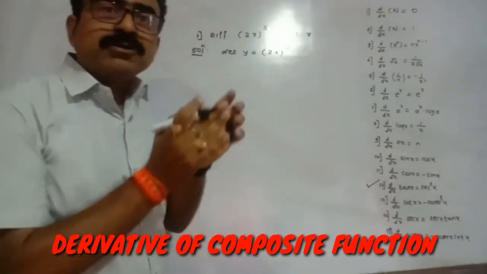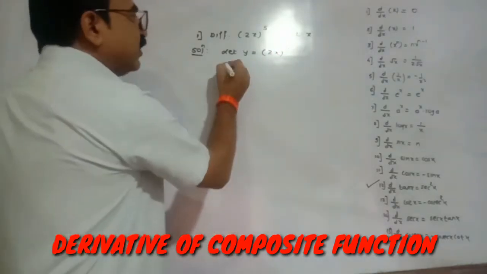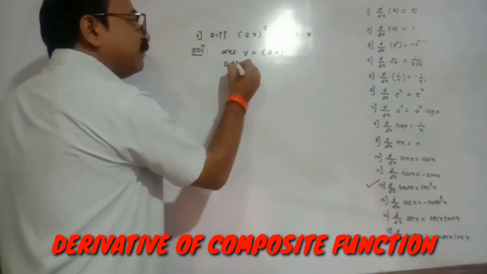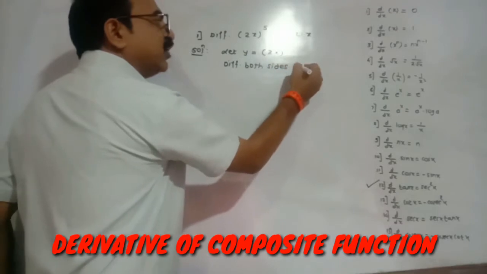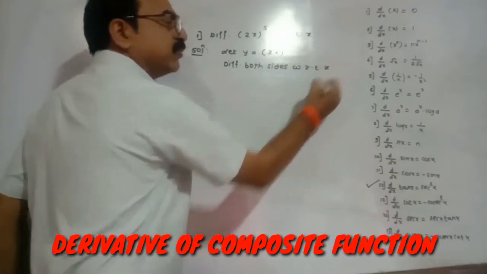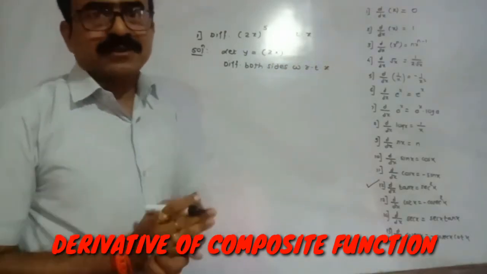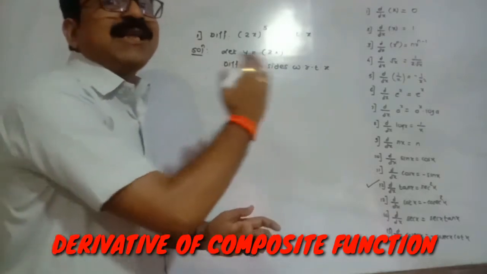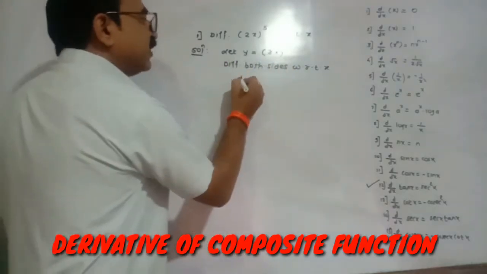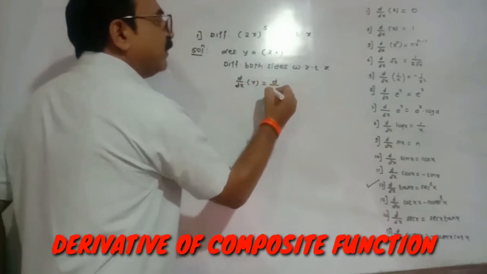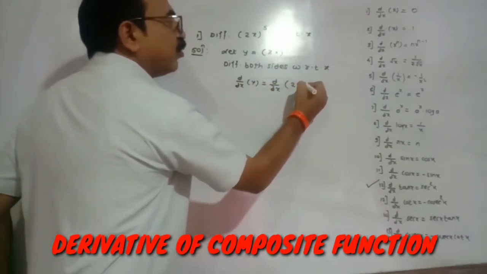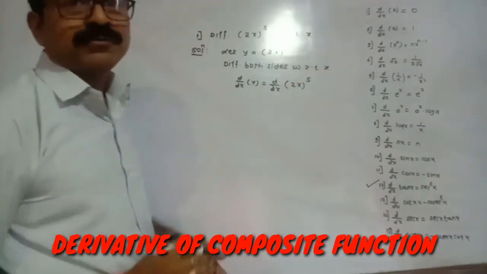Now your second rule is write down this line, that is differentiate both sides with respect to x. After that, write down d by dx term on both sides, means d by dx of y is equal to d by dx of 2x raised to power 5.